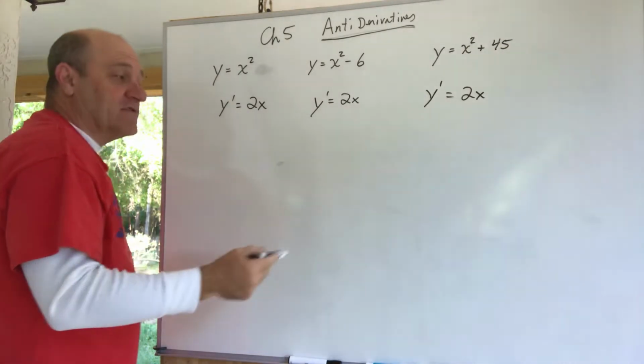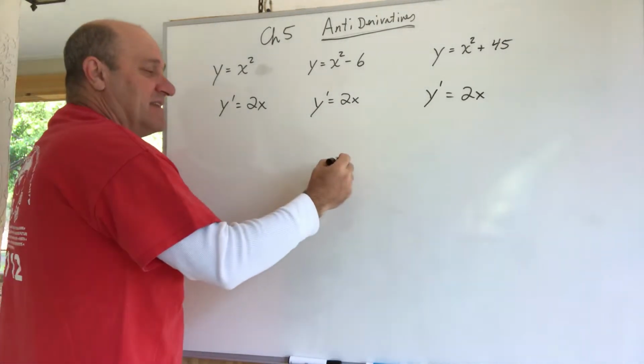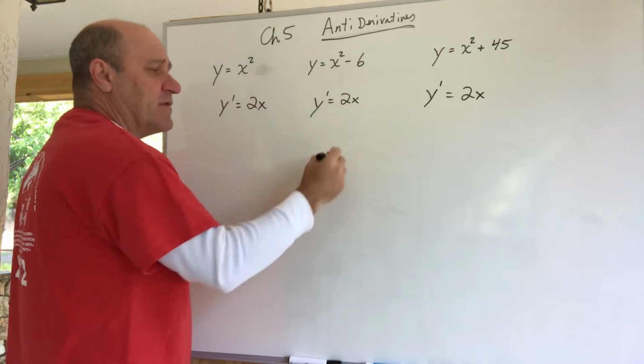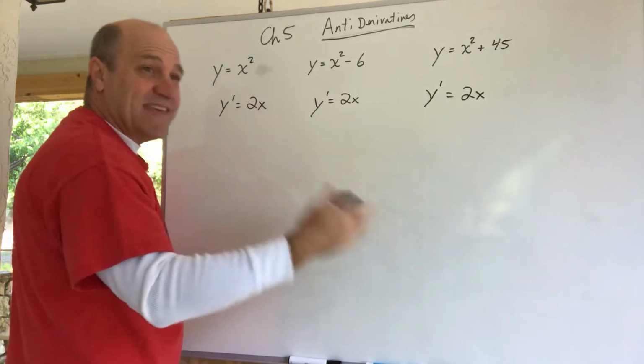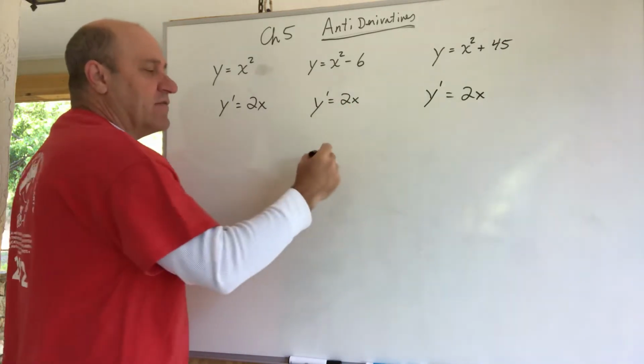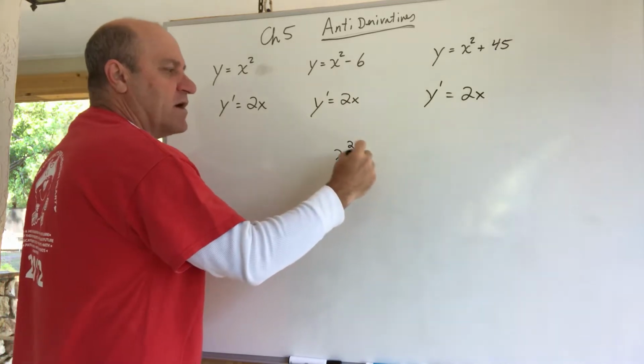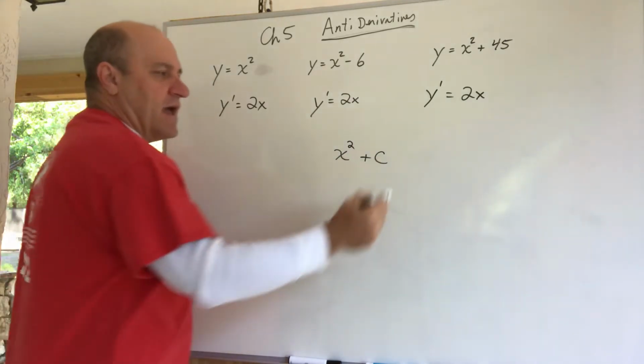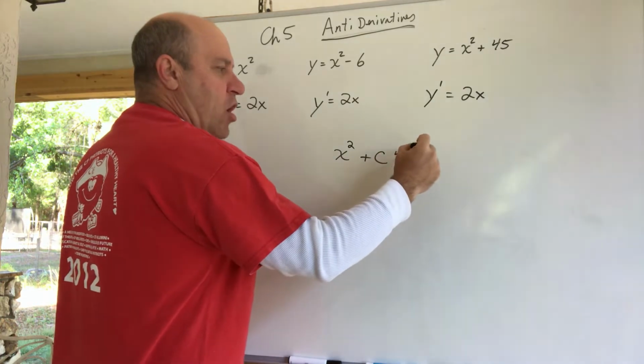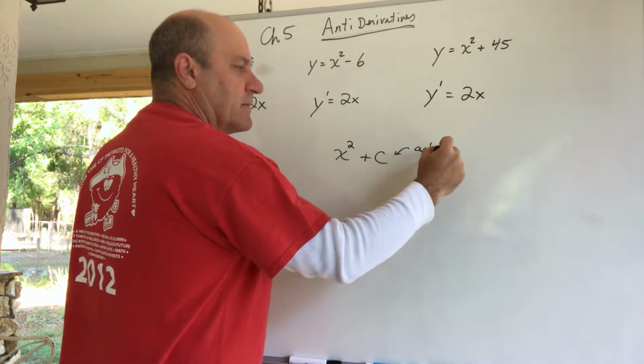And the answer is this. The antiderivative of 2x is, it's not the antiderivative, it's an antiderivative, and it's this. It's x squared plus c, and this c is some arbitrary constant.